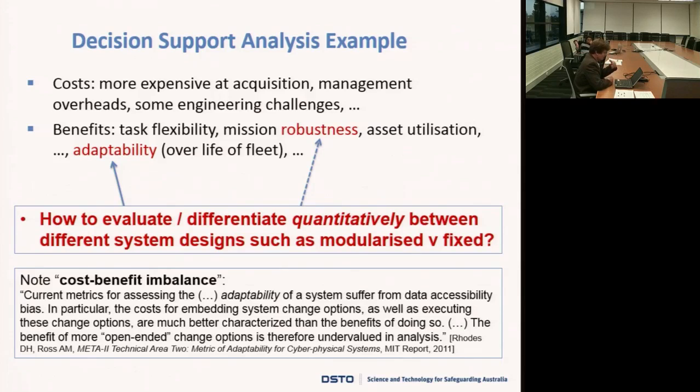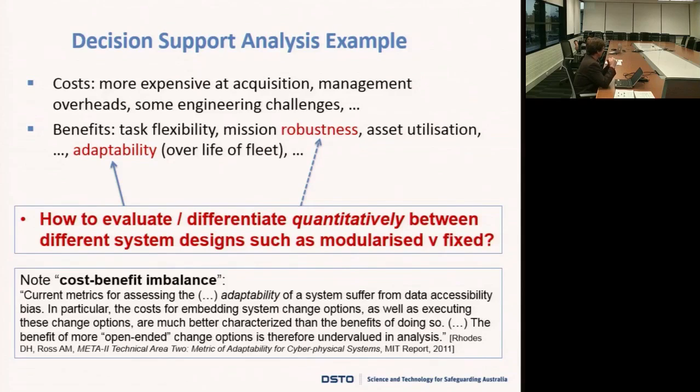Now, I'm sure some of you have encountered this problem already. There is what is at least known by some in the systems engineering literature as the cost-benefit imbalance, which is pretty much saying that the long-term benefits of some of those non-functional requirements, facilities, are very hard to demonstrate.